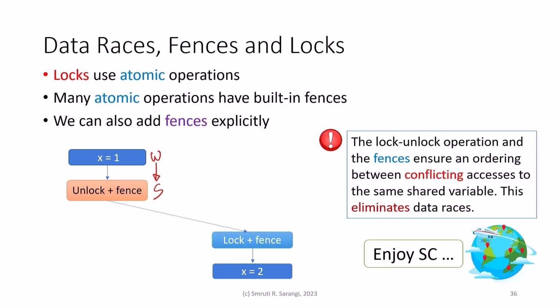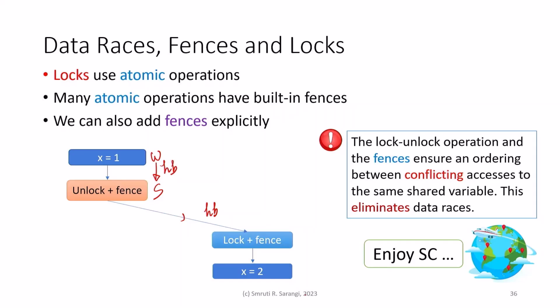Then, as I said, across fence instructions, if I just consider fence instructions by themselves, they are sequentially consistent. The hardware needs to ensure that, which means there has to be an order like this between this, because you unlocked and this one locked. There has to be a happens before order.